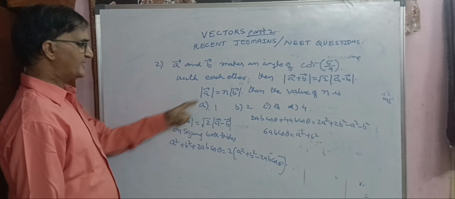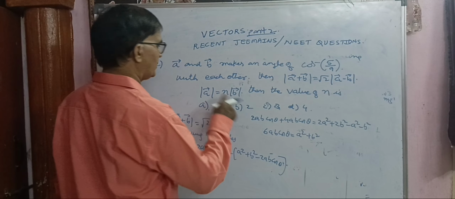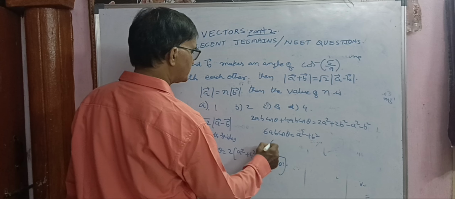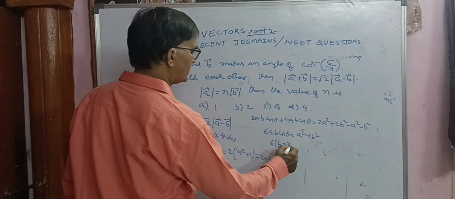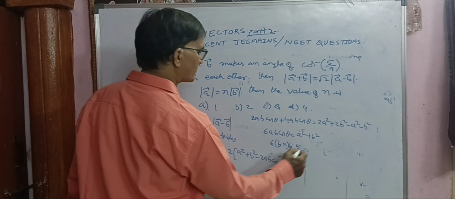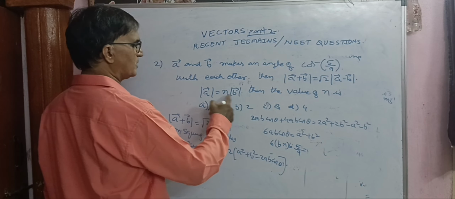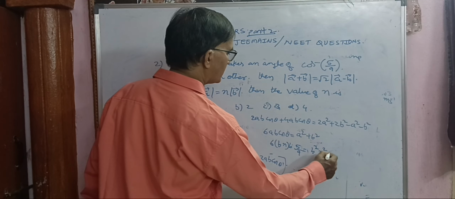Now the given condition is a is equal to nb and cos theta is 5 by 9. If you substitute that here, 6 into b into n into b into cos theta, which is 5 by 9, and a is again bn, so b square n square plus b square.